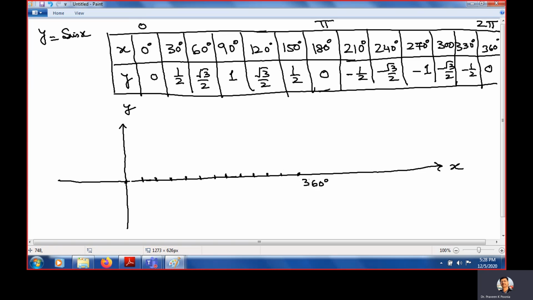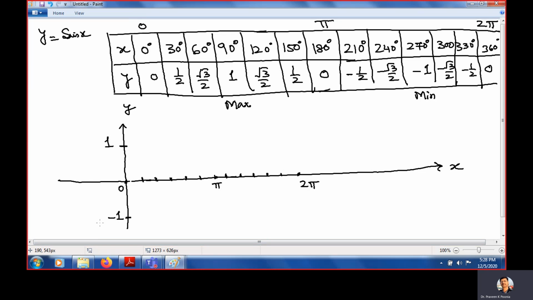This is 360 degree, or in place of this you can write it in radian also. This is 2 pi. Clear? And this value is pi. The maximum value is 1, and the minimum value is minus 1.